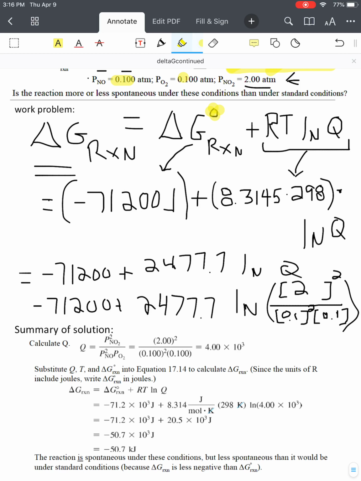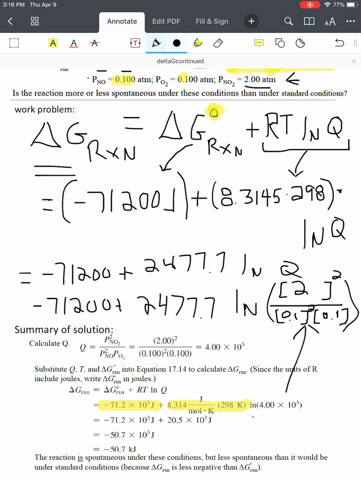If we look way down here at the bottom of the slide now, you can see that's what we're doing in this sample problem. We wrote in our delta G0. We have our R and our T. And it looks to me here like if you solve this, you get 4 times 10 to the third.